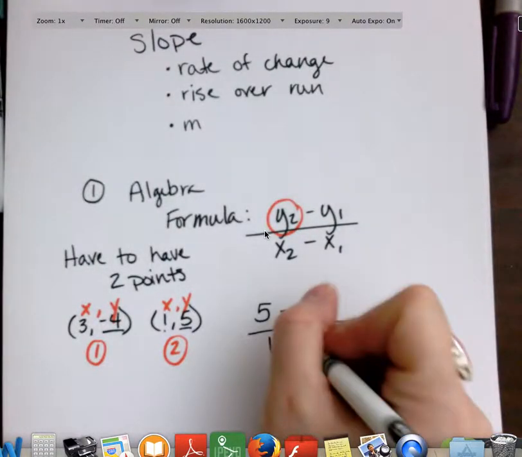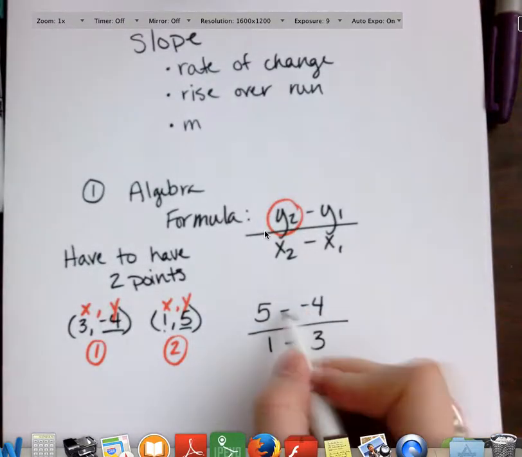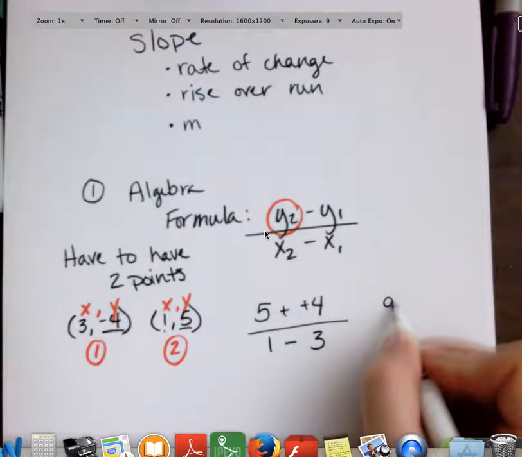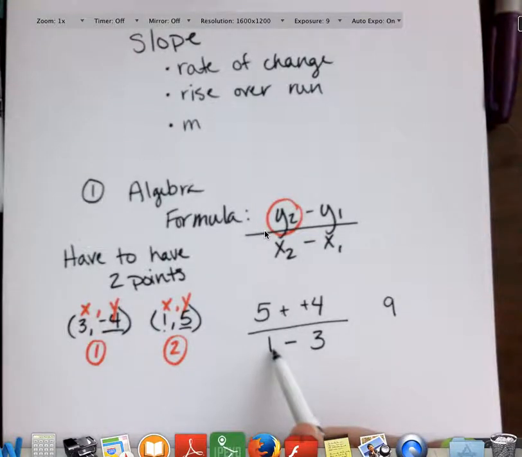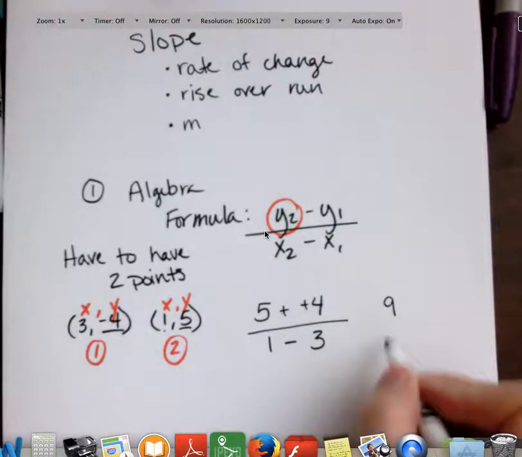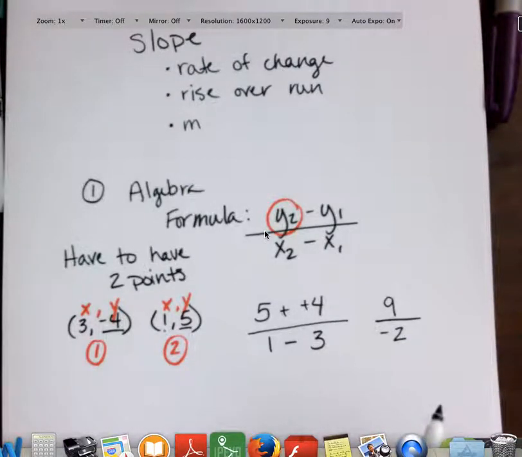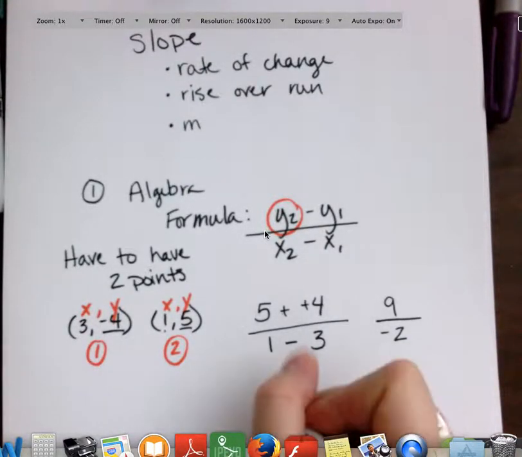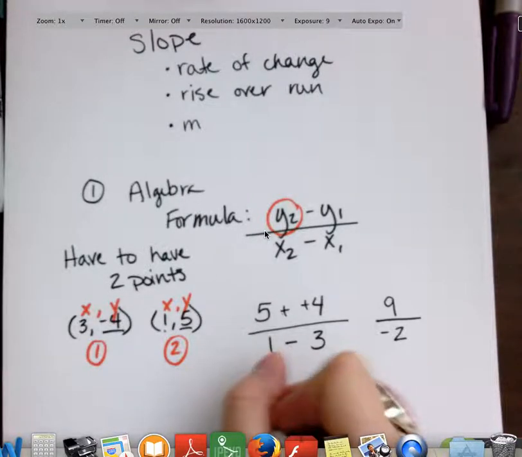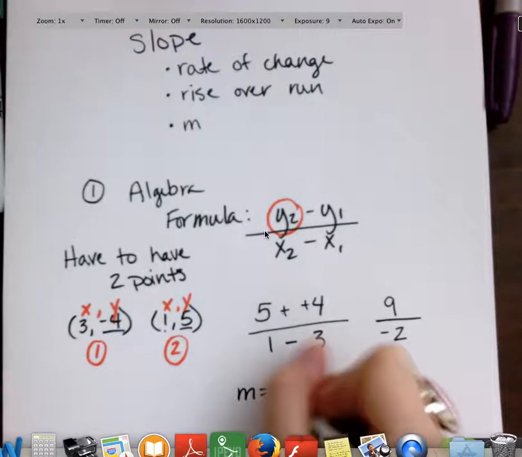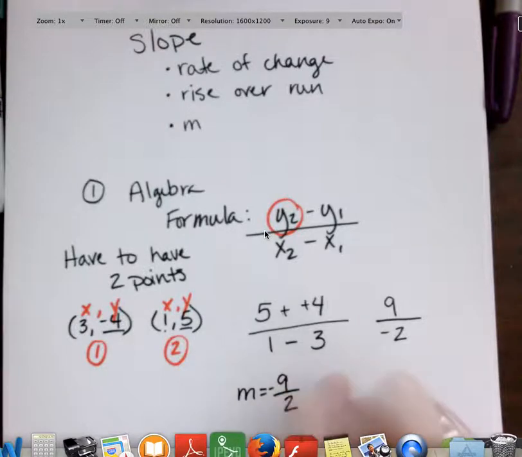So remember, when I'm subtracting a negative, I'm really adding. So this is going to be 9. And 1 minus 3 is -2. So my slope for this line is going to be 9 over -2. So m equals -9 over 2.